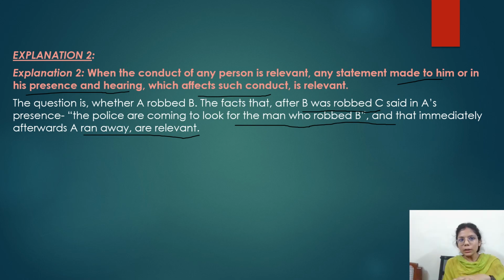So this was all regarding sections 6, 7 and 8, and it is sufficient from the point of view of the mains answer writing regarding any of the sections which we have discussed, as well as from the preliminary point of view. One thing which we need to remember is that for the preliminary examination, the Bare Act is the key.